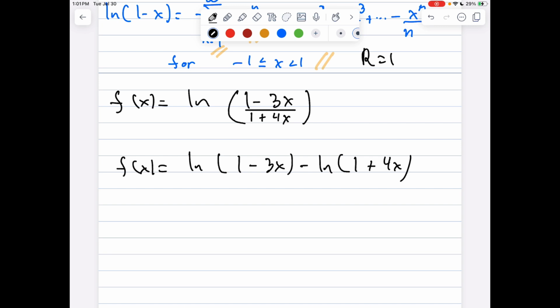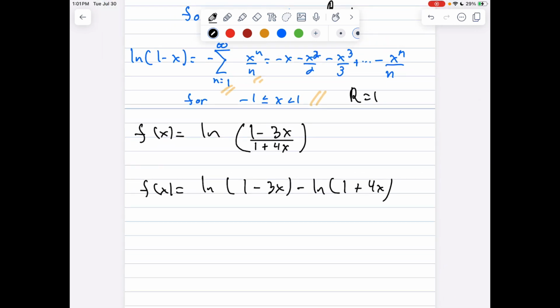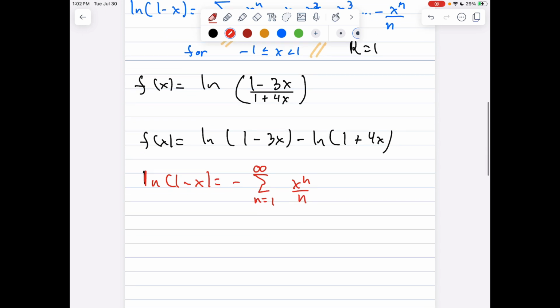So if I know that ln of 1 minus x, and here's how we'll use that, is equal to negative the sum from n equals 1 of x^n over n, then ln of 1 minus 3x is equal to negative the sum of (3x) all raised to the nth power over n. And yes, we're allowed to substitute that in there.